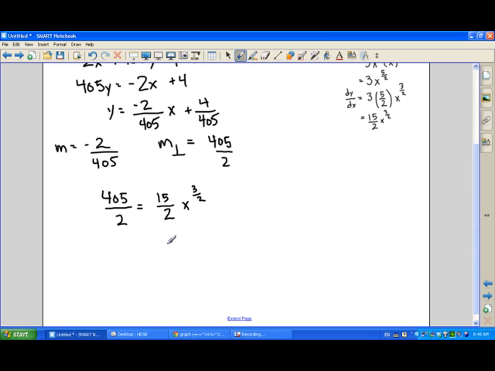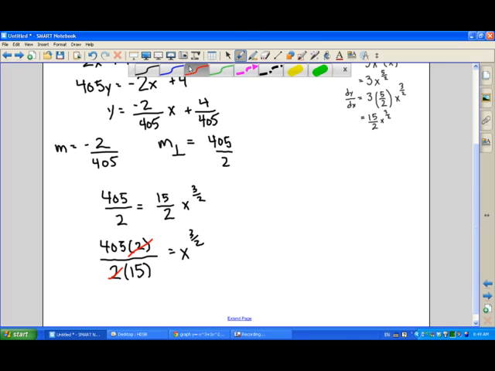Again, using some BEDMAS to rearrange this, I end up with 405 times 2 over 2 times 15 equals x to the power of 3 halves. Some terms cancel, and 405 divided by 15 is 27. And that equals x to the power of 3 halves.